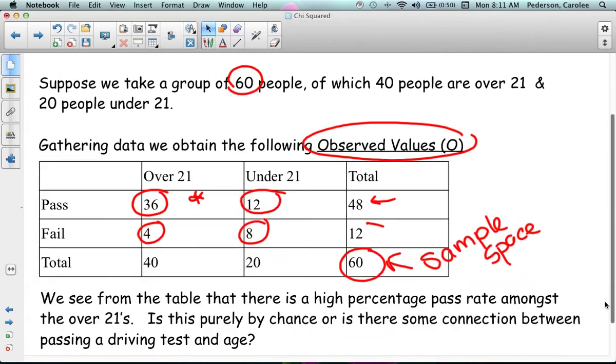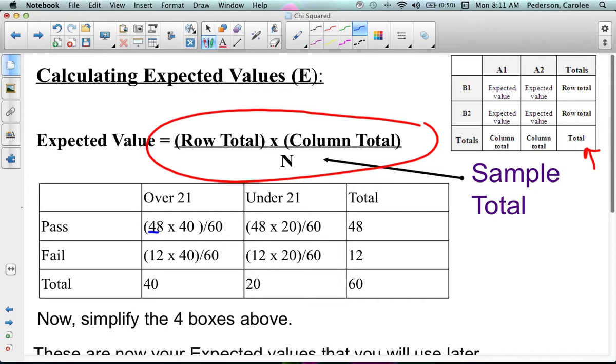Here's the row total. We're going to take this number 48 times this number 40, row total and column total, and multiply them together. So 48 and 40, and then you divide every time by your sample space.